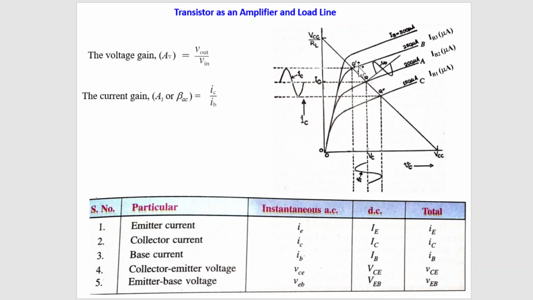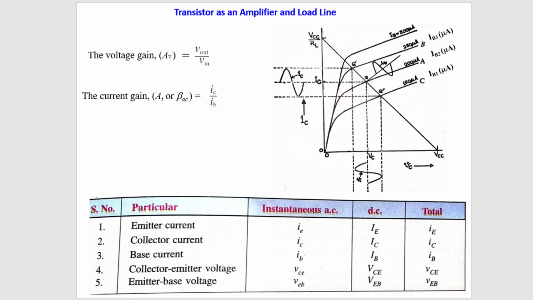Basically, these are Q prime, Q double prime, and Q. Out of these three Q points, if you choose Q as the Q point, then your output sweeps from Q prime to Q double prime, and we do not get any distorted output. This is the basic idea of how one can use a transistor as an amplifier.